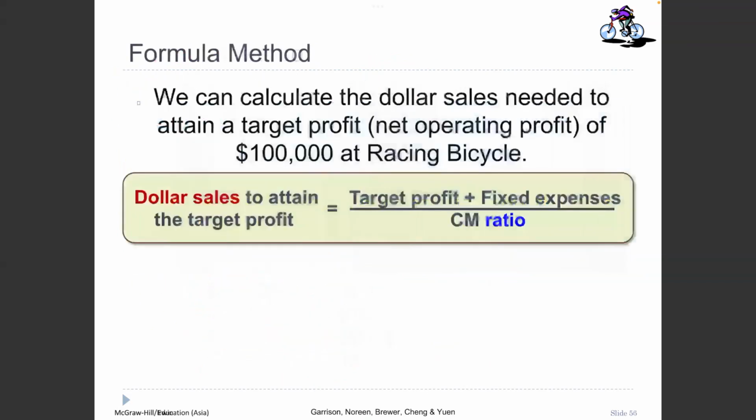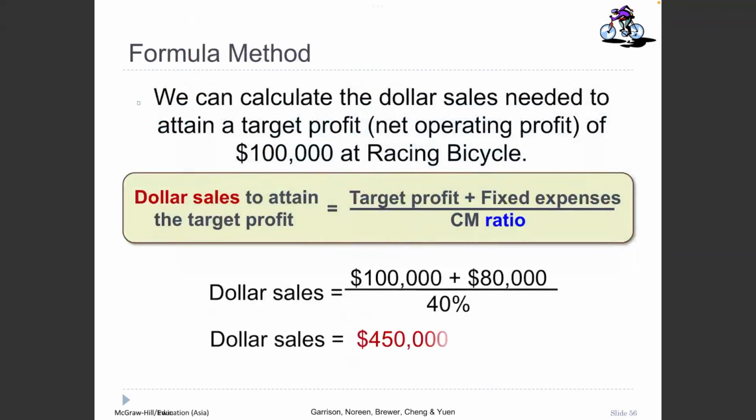Similarly, you can use the formula method, which is easier, as I mentioned just now, because the sales is already on the left side, so you just have to plug in the same thing. But you still need to remember, if they are asking for dollar sales, you use CM ratio. If they are using unit sales, you will use unit CM here. So don't be confused on that.